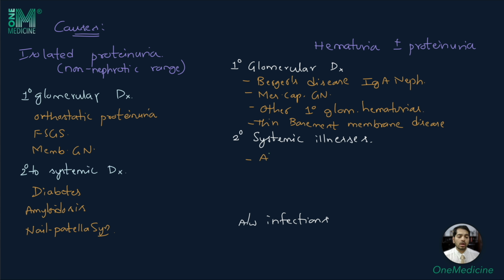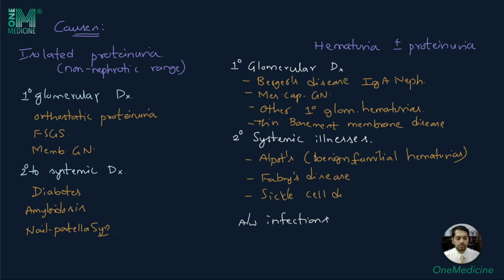Secondary to systemic illnesses include Alport's disease and other benign familial hematurias, Fabry's disease, and even sickle cell disease. The ones that are associated with infections include resolving post-streptococcal glomerulonephritis and resolving other post-infectious glomerulonephritis.